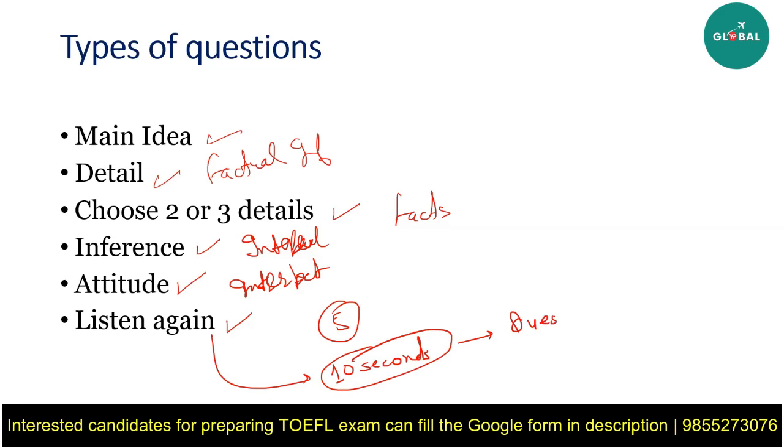The question would be of the kind, what was the professor trying to deliver by saying those lines? The question types would be more or less similar for all those 3, okay? So let's see in more detail what strategies we need to follow, how to identify the questions and how to answer them.